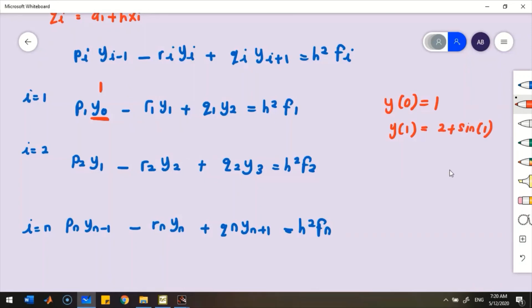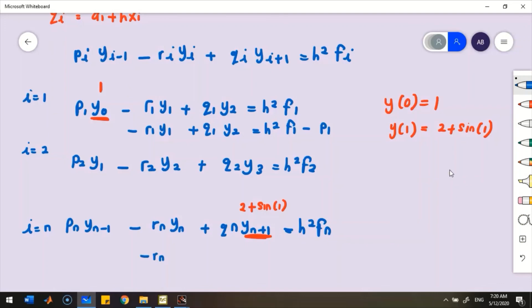So this term here is my y at x equals 1, which will be 2 plus sine 1. So for instance, this equation will be negative R1 y1 plus Q1 y2 equals h squared f1 minus P1.